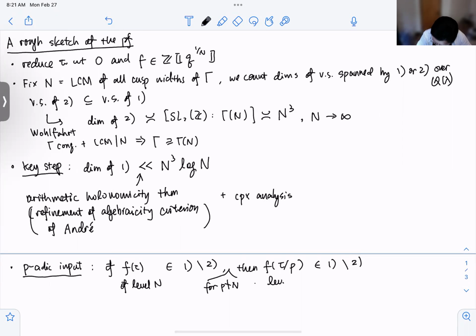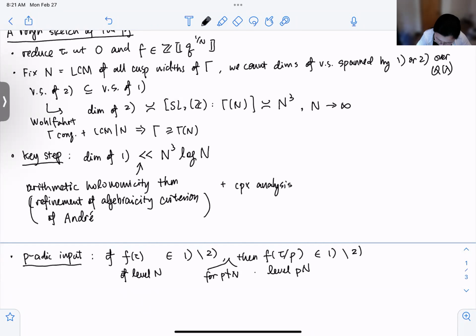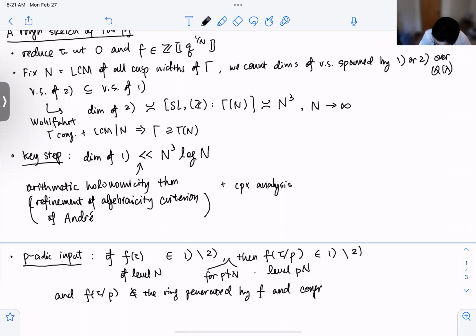So this one will have level p times n, and F(tau/p) is not in the ring generated by F and the congruence forms of level p times n.